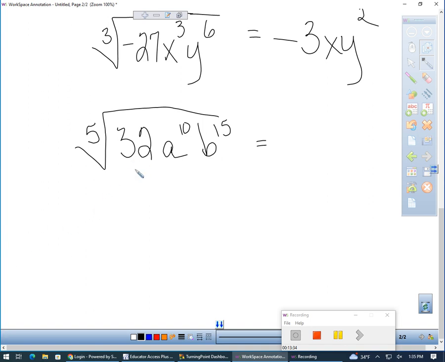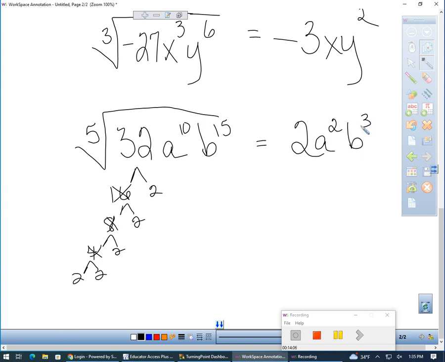So this breaks down into 16 times 2. 16 is 8 times 2. 8 is 4 times 2. And 4 is 2 and 2. And this time we needed 5 friends. 1, 2, 3, 4, 5 of them. So a group of 2's comes out. We have 10 A's, which means 2 groups of 5 A's come out. And if we have 15 B's, we have 3 groups of 5 B's. Seems pretty easy so far, right?